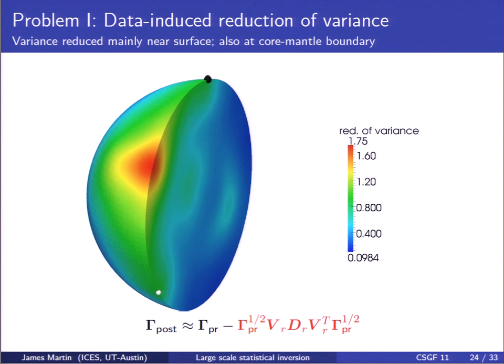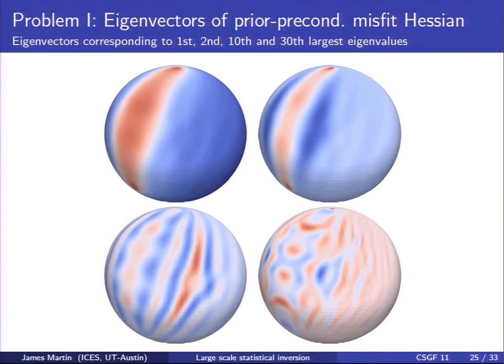The core mantle boundary is one of the strongest reflectors in the Earth, and so there's actually a reasonable amount of seismic energy that will bounce off of this region here before traveling to the receiver at the other end, allowing us to learn some information about that on the other side of the Earth.